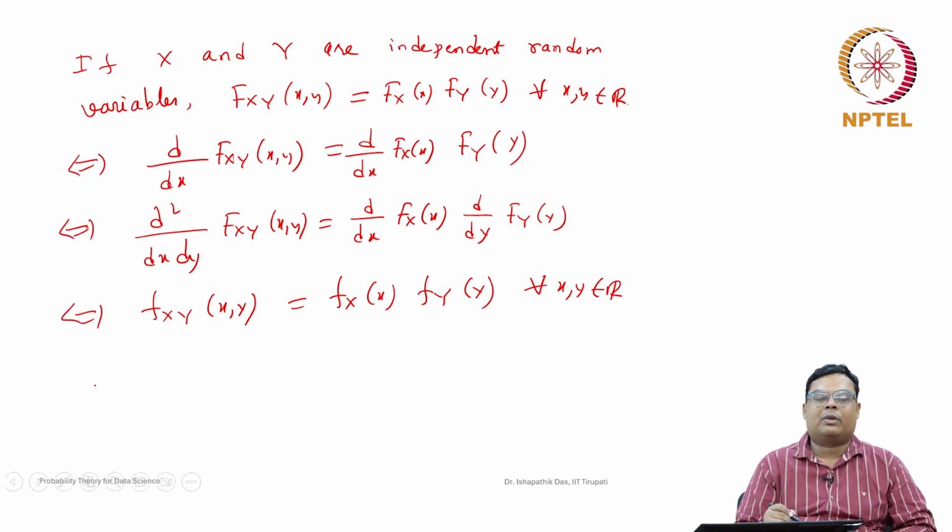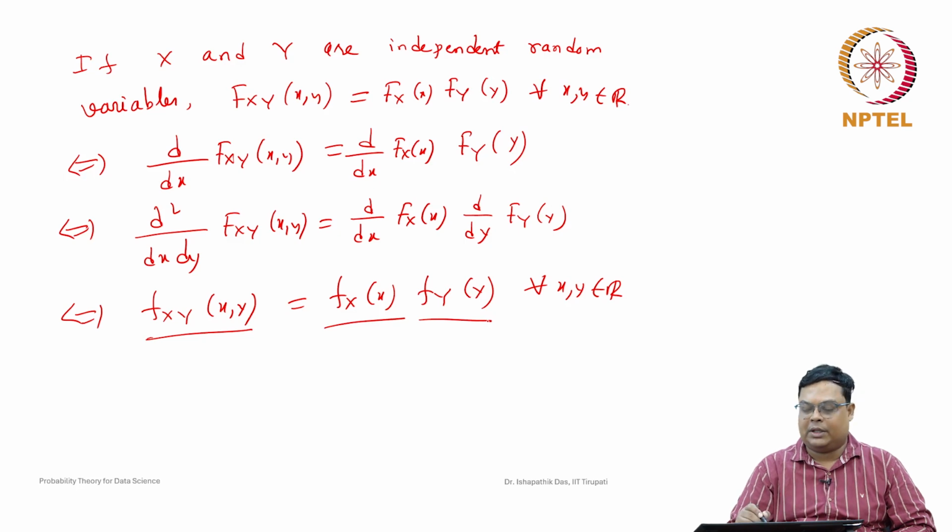So, for checking whether two random variables are independent or not, there are many approaches. One is that we can find their joint cumulative distribution function and see whether it can be written as a product of their marginal cumulative distribution functions. In the continuous case, we can also check whether their joint probability density function can be represented as the product of their marginal probability density functions.